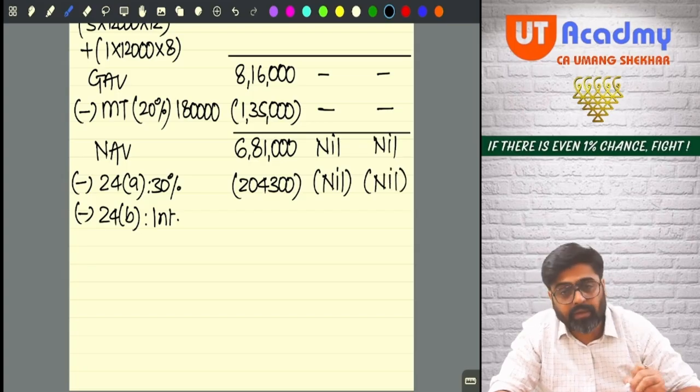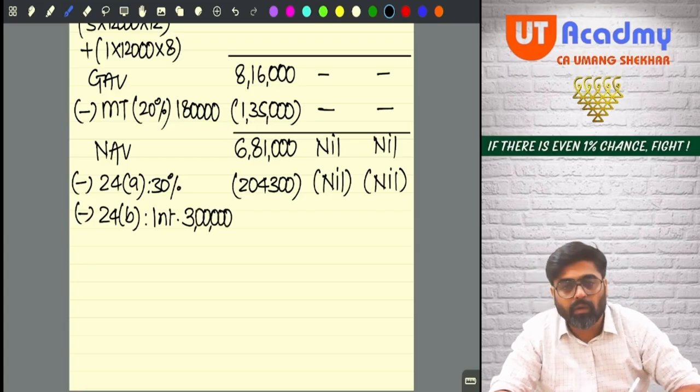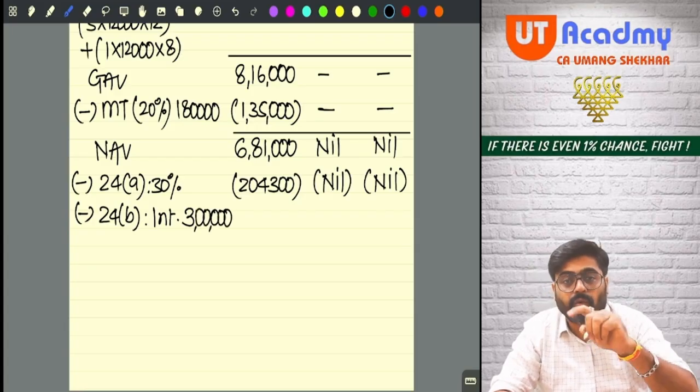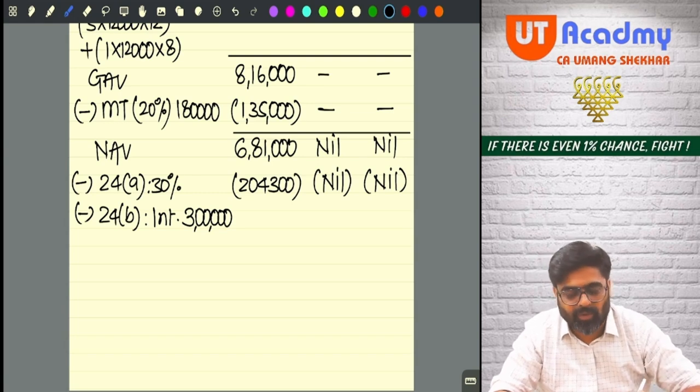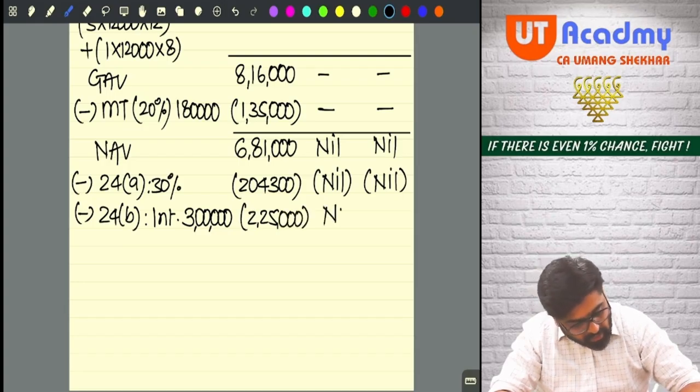Okay. Now interest. Out of the 3 lakh rupees of interest, only 75% will relate to LOP portion, and that is 2,25,000. And here I will not get any deduction for interest. Why, sir?